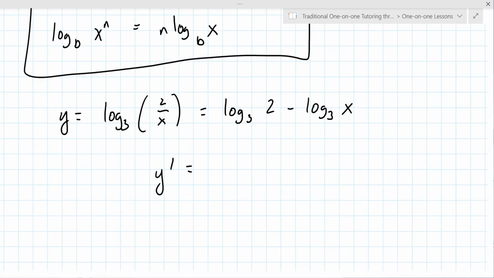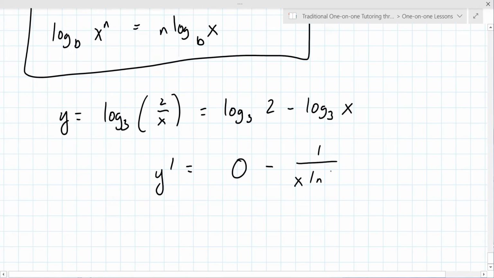That's from earlier. 0. So this is 0 minus, what does this become? 1 over x ln 3. Right. So your final answer is this part here.